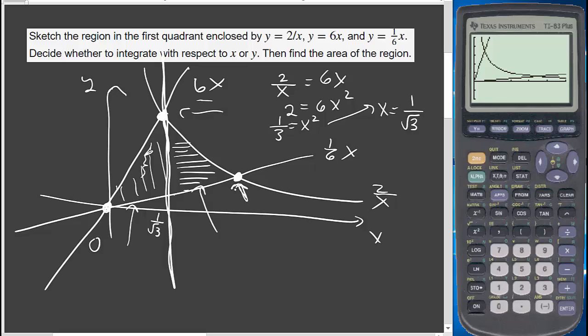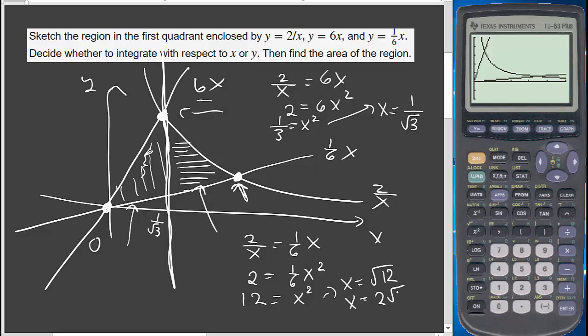And now we need the x-coordinate for this point here. So in this case, we need to know where 2 over x equals 1/6 x. So again, multiplying through by x, we have that 2 equals 1/6 x squared. Multiplying by 6, we have 12 equals x squared, or x equals the square root of 12, which we could also write as 2 times the square root of 3.